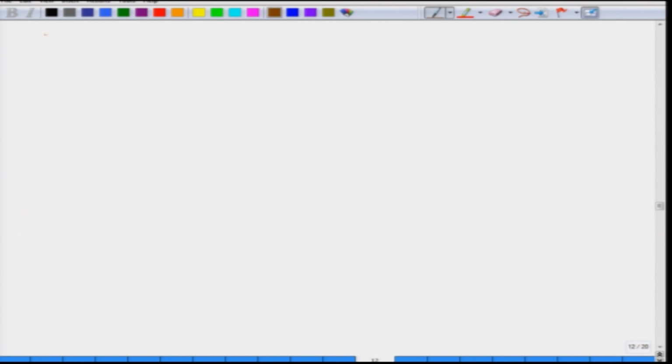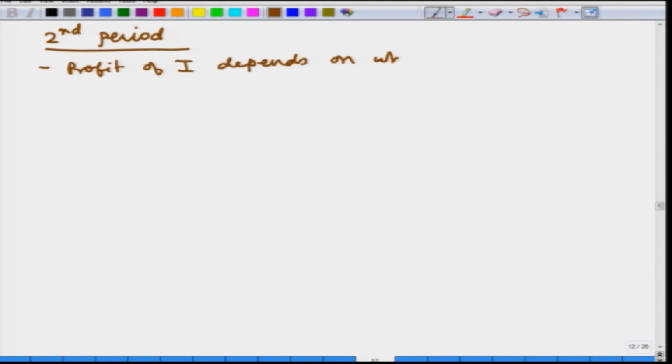So, in the second period, the entrant may or may not enter. So, if there is no entry, the profit of I depends on whether E enters or not, right. So, the profit will depend on whether the entrant would like to enter or not want to enter, right.